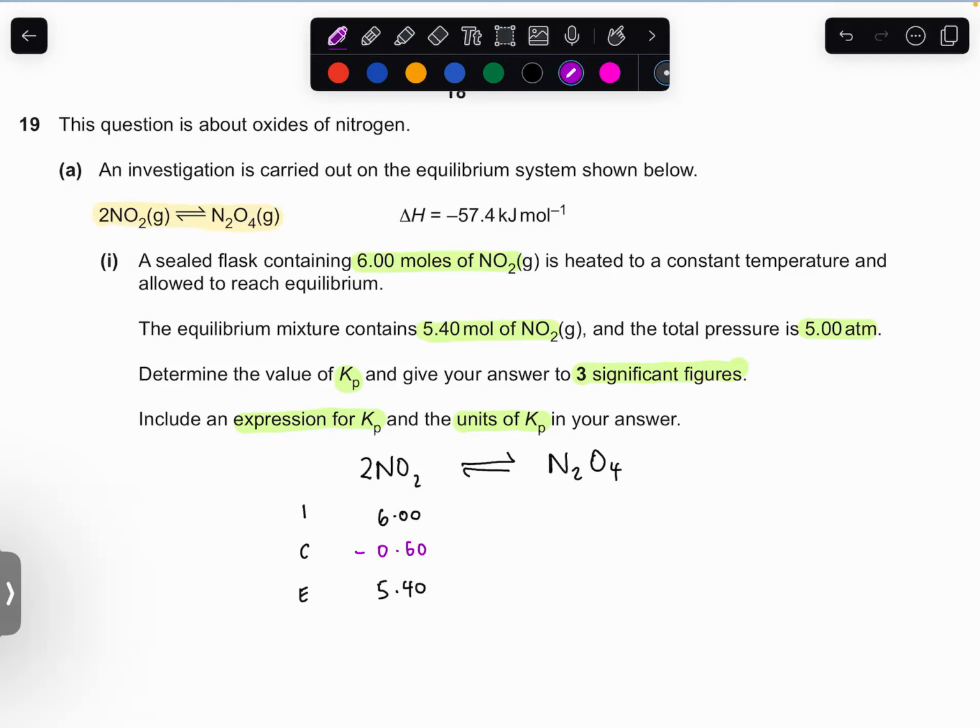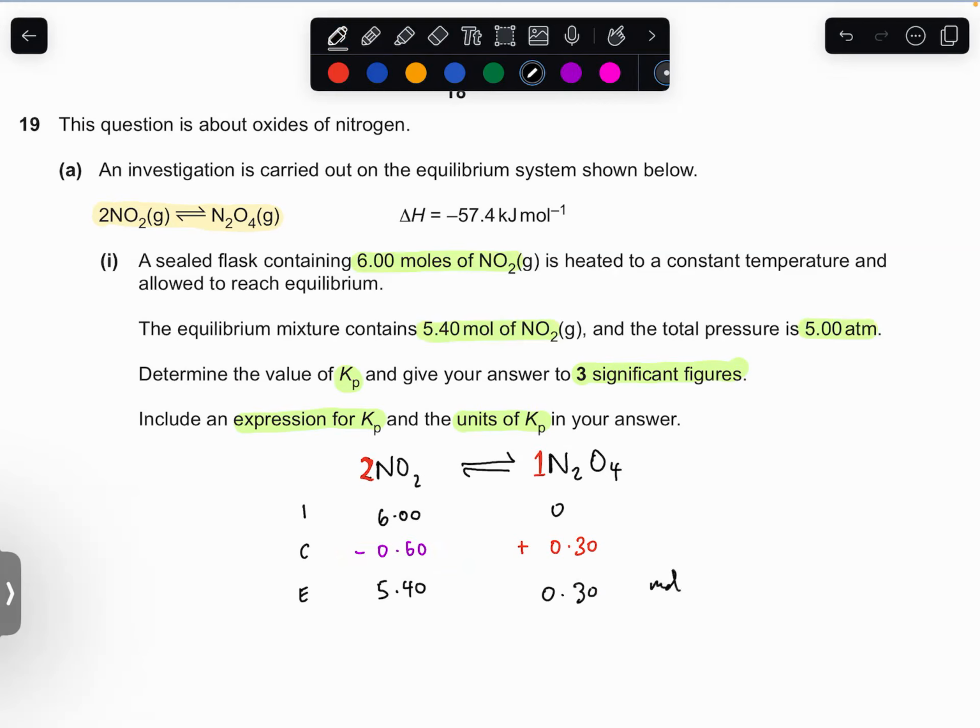The ratio is a 2 to 1 ratio. That means if 0.60 moles is being used up, half of that is going to form 0.30, so we divide that by 2. Initially, we had 0 moles, and at equilibrium, we will have 0.30 moles.